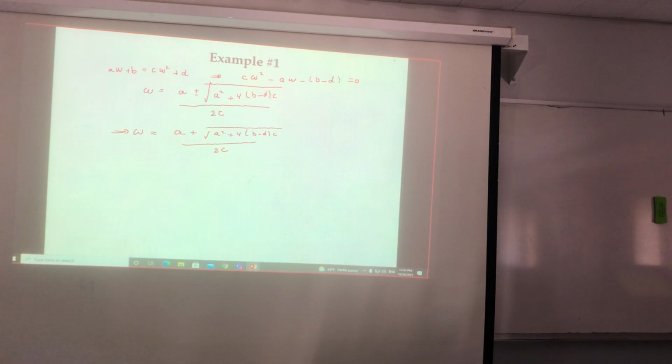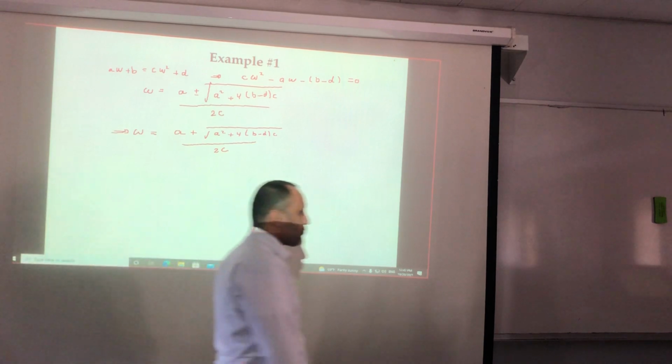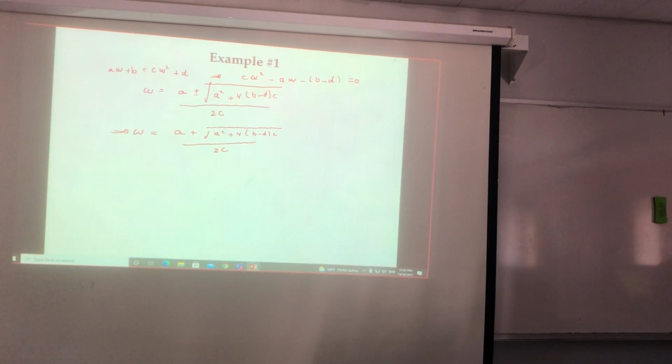Let's do the check. First I will calculate partial TL with respect to partial omega, then I will calculate partial TE with respect to partial omega. If the first one is higher, then it's stable. Do you remember the first one? This one is the motor.